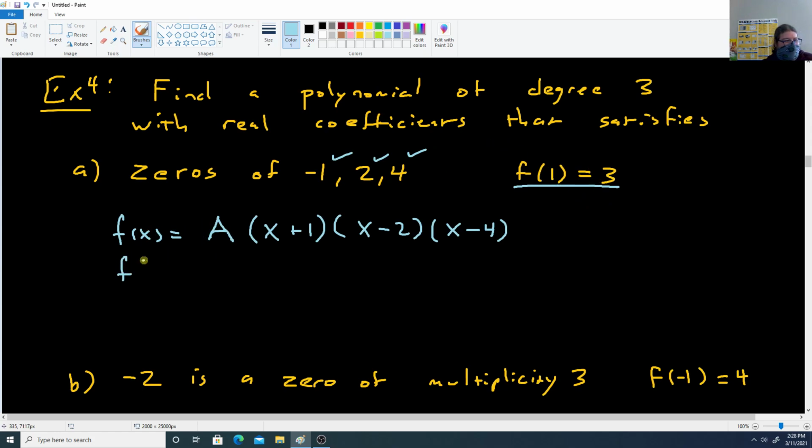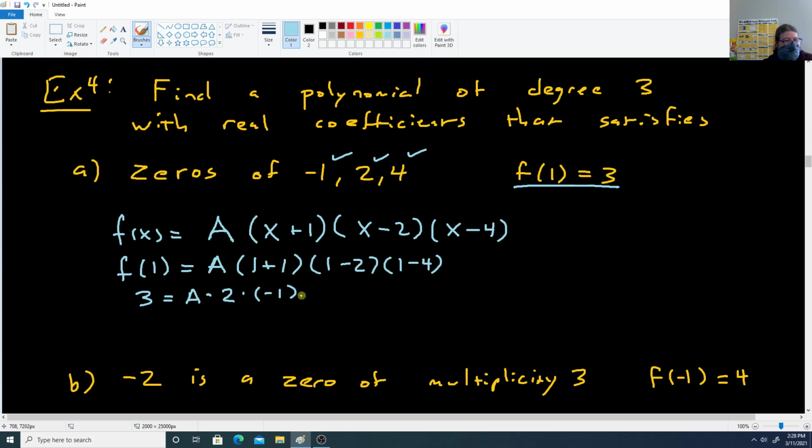So we say f of 1 will equal a times, now x is 1, so that's 1 plus 1, 1 minus 2, 1 minus 4. F of 1 is supposed to be 3, so we get 3 equals a times 1 plus 1, which is 2, times 1 minus 2, which is -1, times 1 minus 4, which is -3.